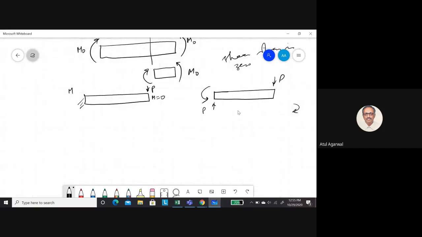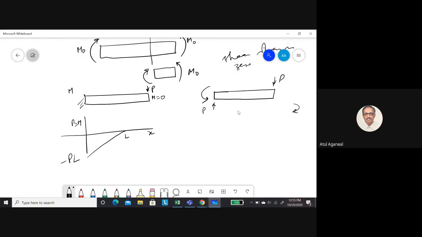So your bending moment diagram is like this. So you have a zero moment on this cross-sectional plane and maximum moment on this plane.